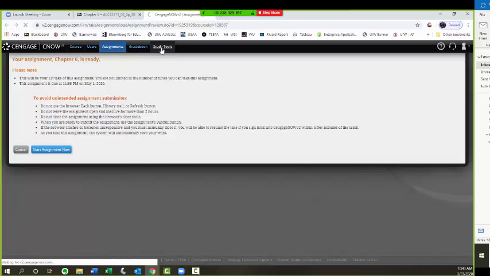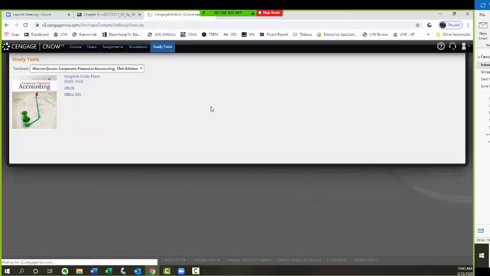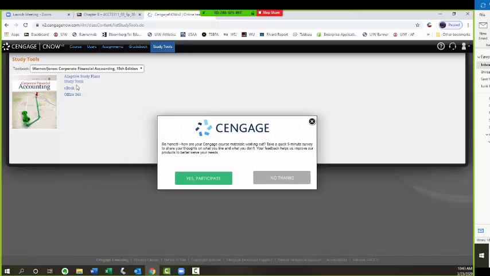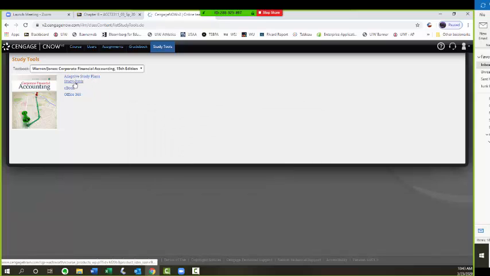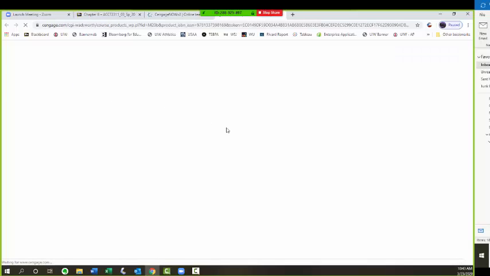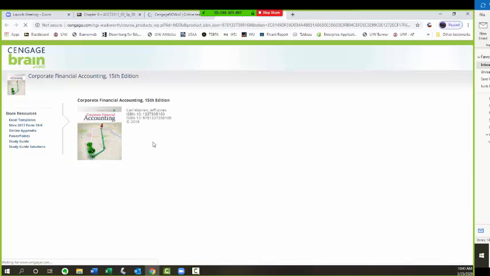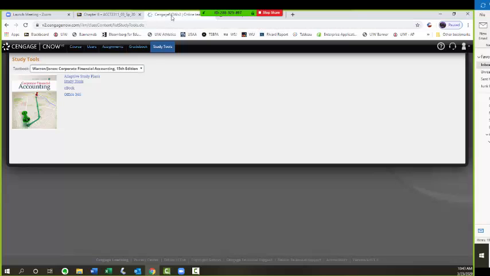The other thing that they give you is there is study tools available here where you can do a study plan or access study tools for each of the chapters. Okay, so they have study guides and solutions and the like. Okay, so that material is available.